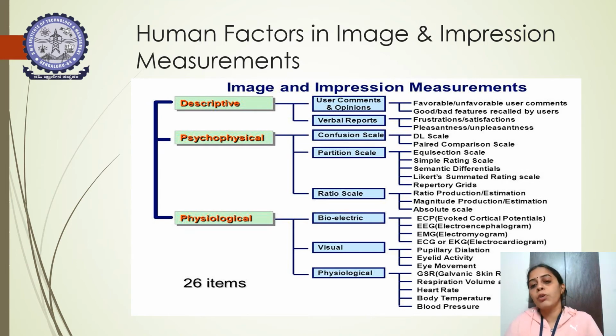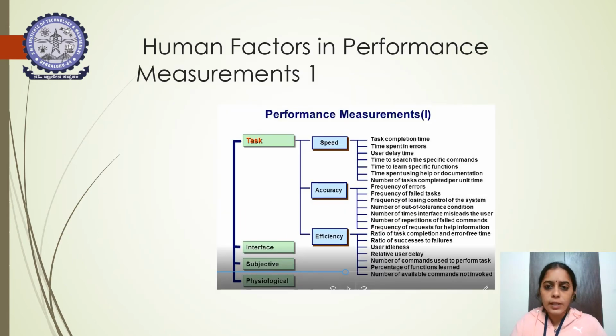I don't want to go in depth in this. If you can see it, you are able to identify it, so I'll just proceed further. These are again the performance measurements. Basically, the performance measurements depend upon the task given for the particular product and evaluating how well it performs. So in every performance measurement, human factors are always associated.